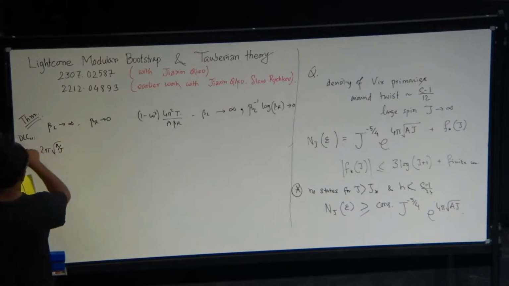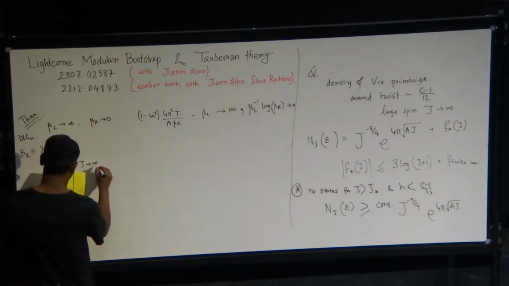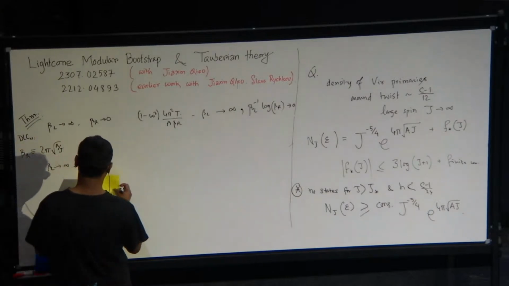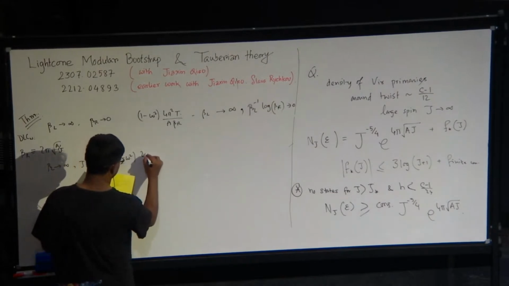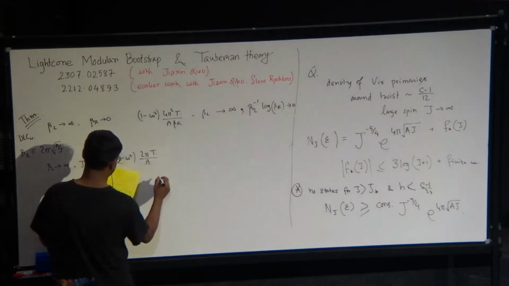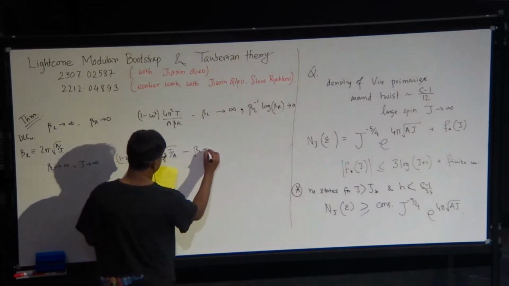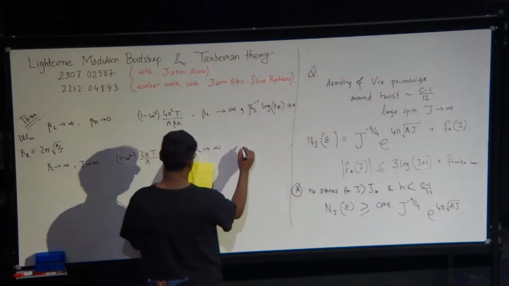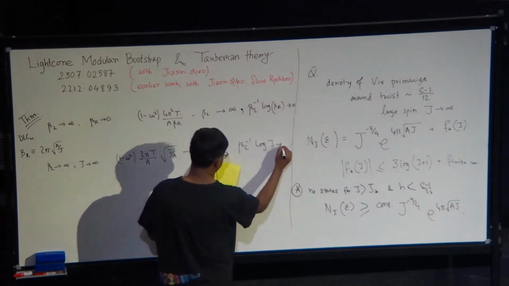And then this limit, the double light cone limit, is defined as beta L goes to infinity, J goes to infinity, and you have 1 minus W square twice pi T over A square root J over A minus beta L goes to infinity, and you have beta L inverse log J goes to 0.